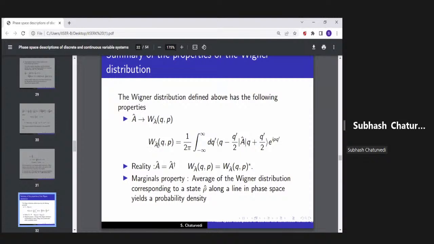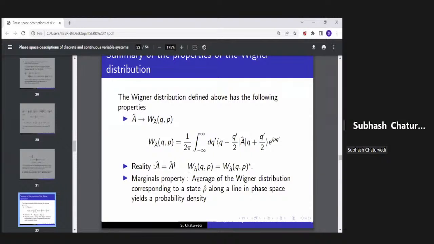The Wigner distribution can also be obtained from this A hat by this formula, which I would like you to leave as an exercise to prove from the formula that I had given earlier. If A is real, this Wigner distribution is also real. If A is Hermitian, then the corresponding phase space description leads to a real function.